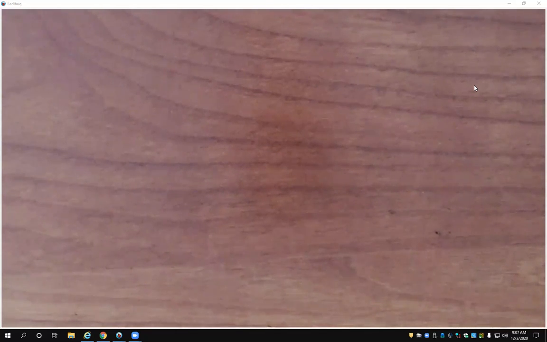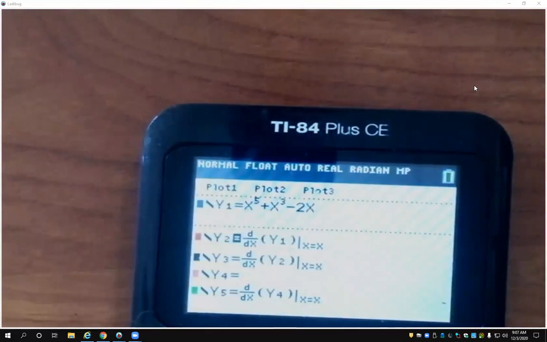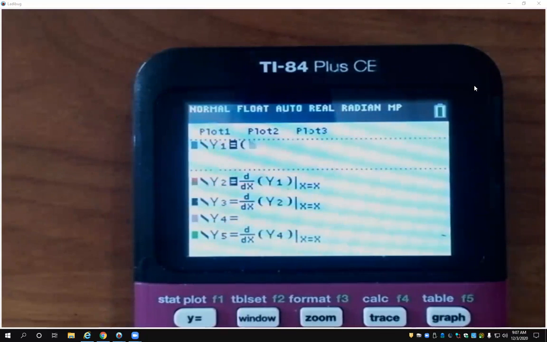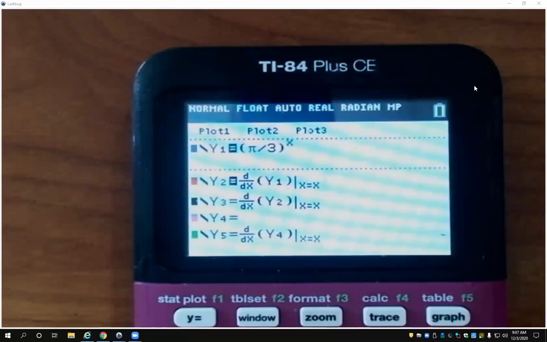So all I need to do is look at the graph and see how many times it crosses the x-axis. Okay, or the second derivative. Okay, so here's a time where my y2 and my y3 are going to come into play, right? So in y1, I'm going to type in the function. It's parentheses pi thirds raised to the x cubed minus 8.